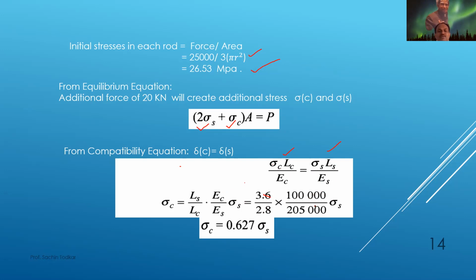This is EC upon ES, into sigma s, and I'll get the value of sigma c in terms of sigma s as 0.627 sigma s. And this we are going to use in the first equation, the equilibrium equation, and we'll solve the numerical.